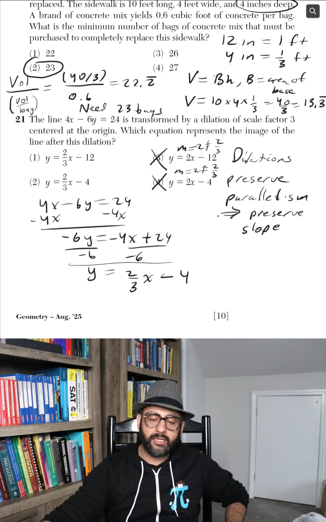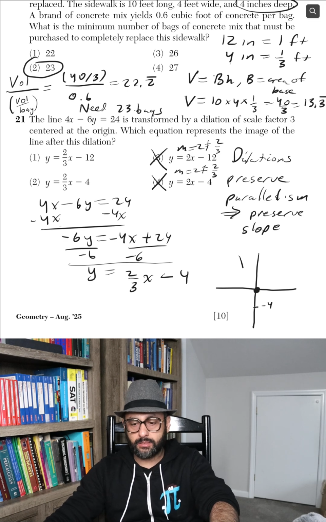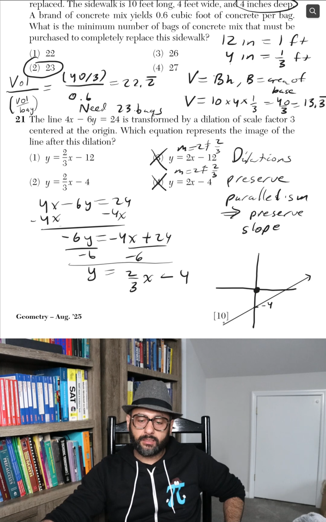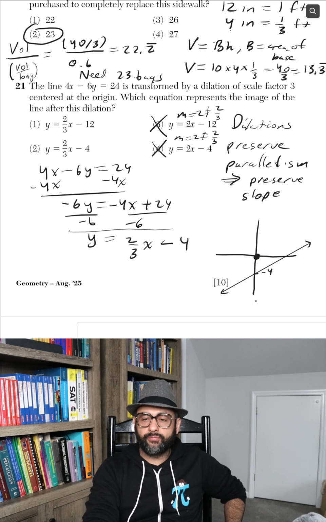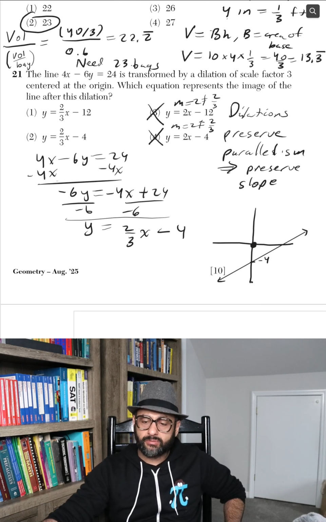So this is dilated over the origin. The original line passes through negative 4 on the y-axis and looks like this. Then when I dilate by a factor of 3, every point on the line is going to be 3 times farther, including the y-intercept. So 3 times farther, I end up at negative 12.